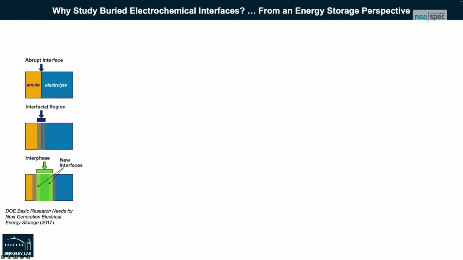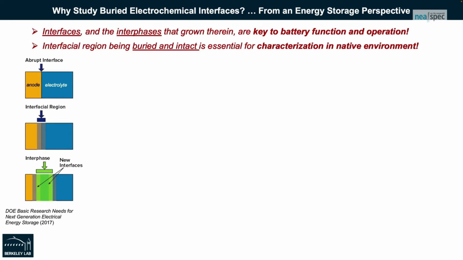Upon adjoining these two materials, and with subsequent electrochemical processes, there is a growth of an interphase that is both chemically distinct and structurally unique, and is very critical to battery function and operation. Across this interphase will shuttle lithium ions, but it will restrict the flow of electrons that would cause continued degradation of the electrochemical cell.